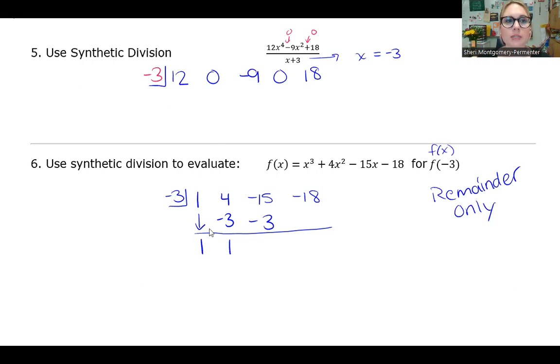This one always trips us up. -15 minus 3 is what? -18. We're getting more negative, so -18. Negative times a negative is going to give us a positive. What's 3 times 18? 54. And what's 54 minus 18?